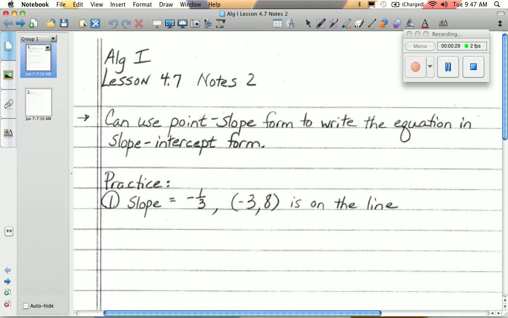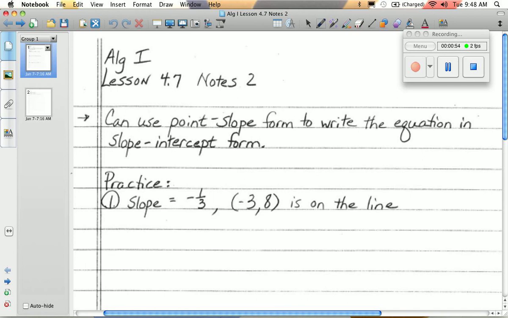We found b, and then with our given slope, we were able to write the equation. We've also done, if we're given 2 points, write the equation in slope-intercept form. We had to find the slope first, then find b, and then we were able to write our equation in slope-intercept form. Today they want you to be able to do it from point-slope form.